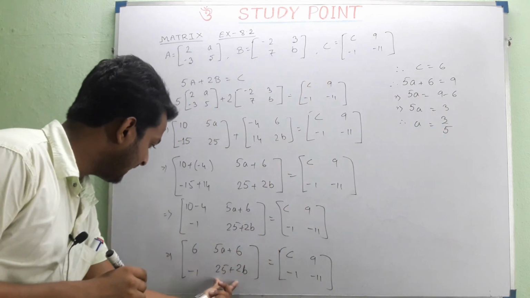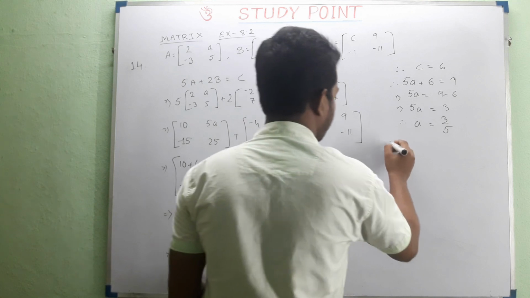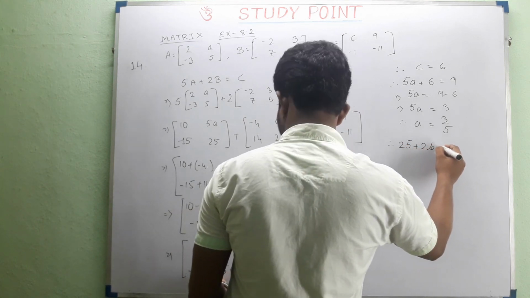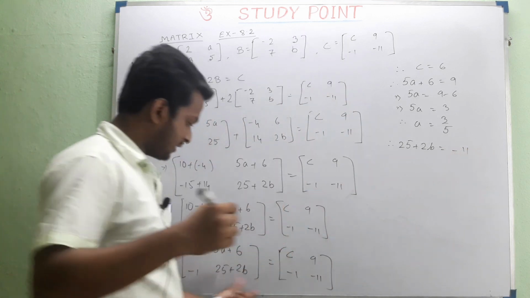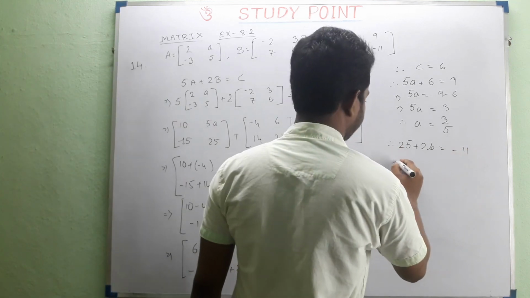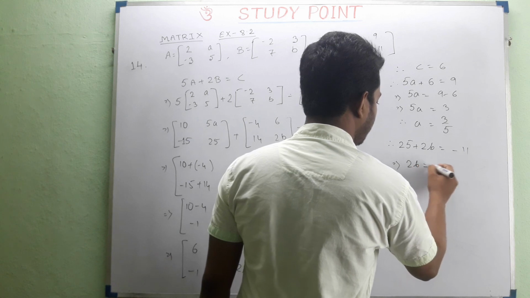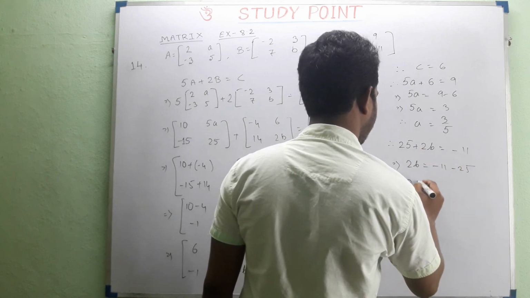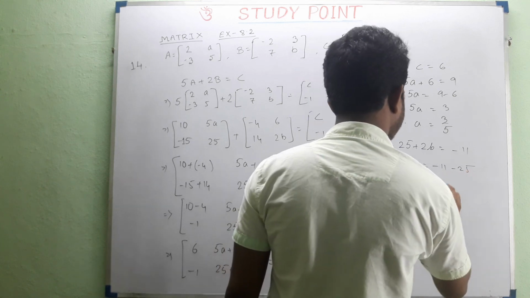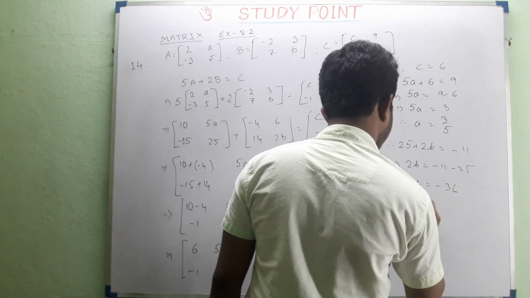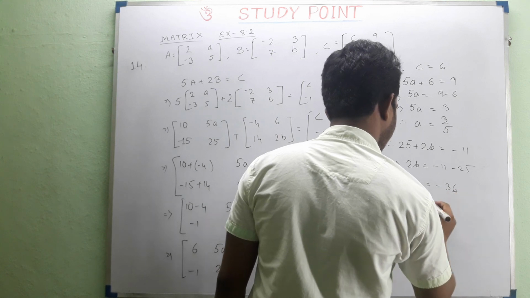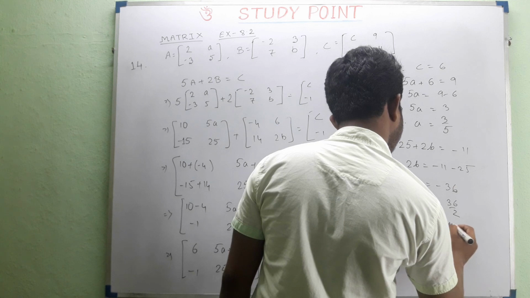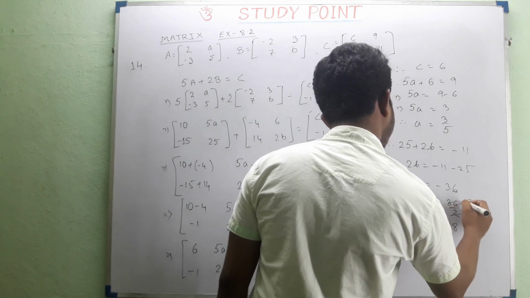And see, here it is 25 plus 2b. 25 plus 2b equals minus 11. 25 also will change its side and it will be minus 25 and minus 11, which is minus 36. Therefore, b equals minus 36 by 2, that is minus 18.